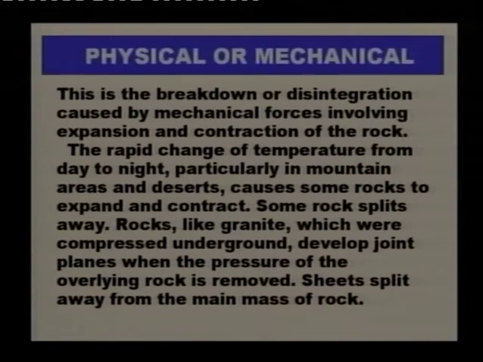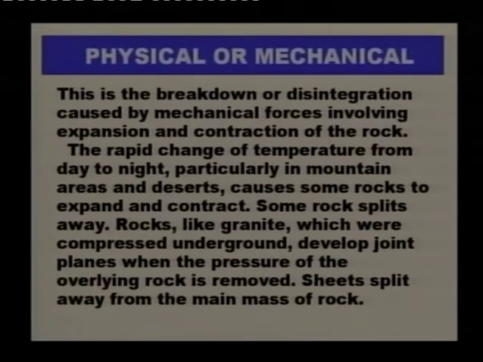For example, we look at a rock like granite. Granite, we know it is an igneous, intrusive rock. When granite is compressed underground, the compressing will be as a result of the weight of the other rocks on top of it. So when granite is formed, it's underground. When it is compressed, joints or joint planes will start to develop.